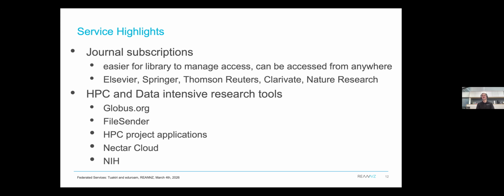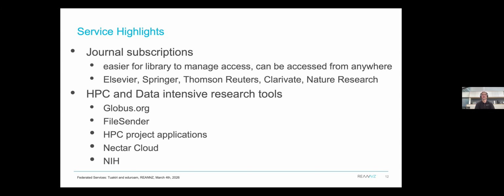And by using the identity federation, the users don't have to get yet another login just for accessing the journal subscription with a specific publisher, but instead just use their institutional login via the identity federation. Elsevier, Springer, Thomson Reuters, Clarivate, and Nature Research are all in Tuakiri, just as an example of the types of services you can get.